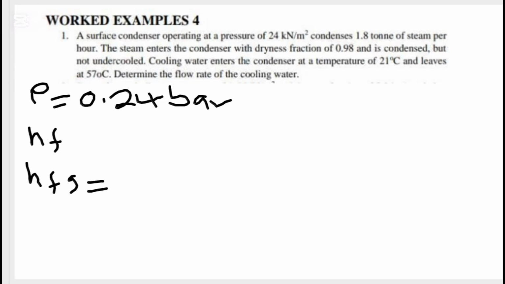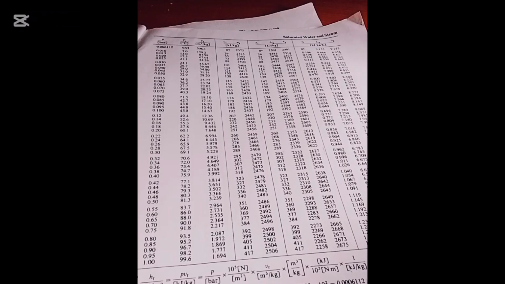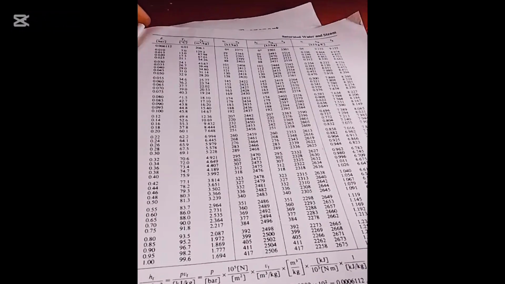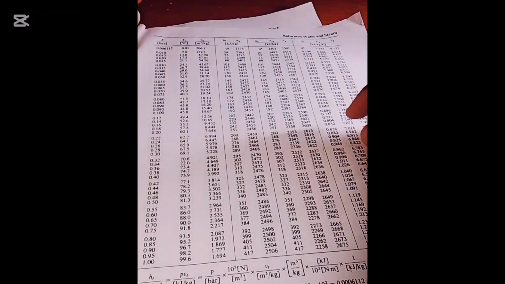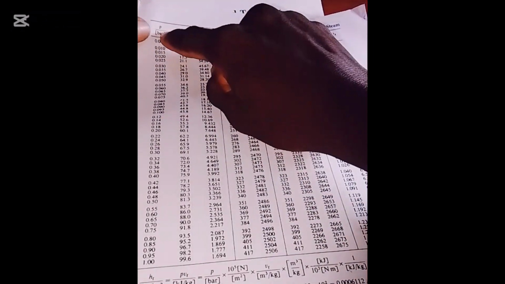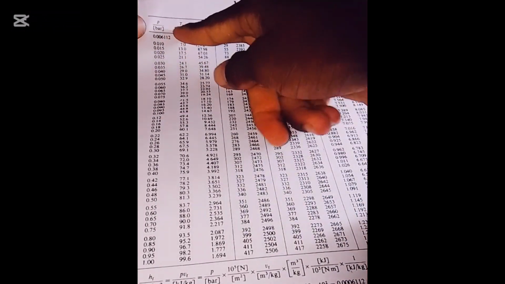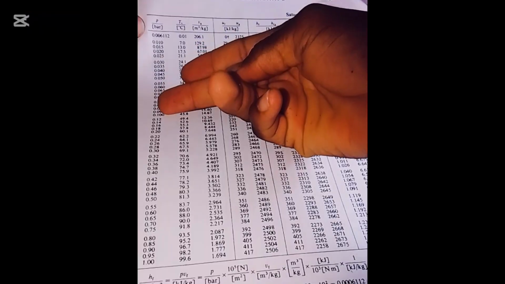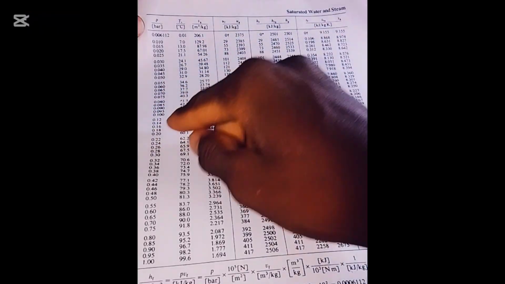So let's see the steam table. From the steam table, we are given 24 kilonewton per meter square. After converting it to bar, it will become 0.24. So I will just come across, this is P, the pressure, which is in bar. I will first take a look and see where is 0.24.